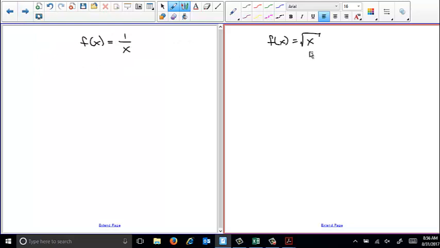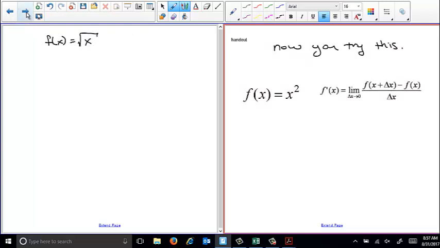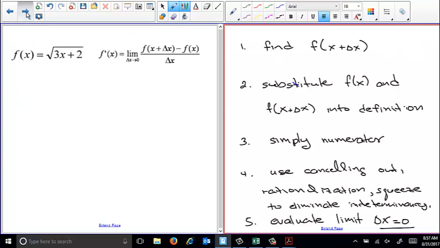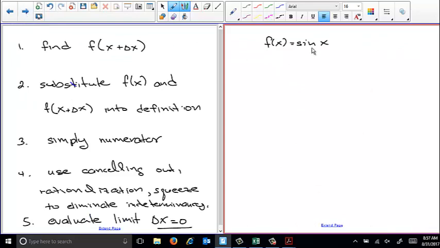We're going to do the square root of x, which will use rationalization to remove the indeterminacy, and then we'll use the squeeze theorem and some trig identities to do the sine.